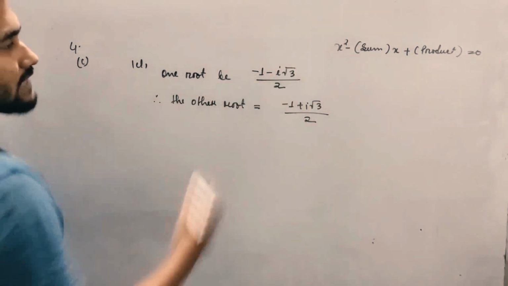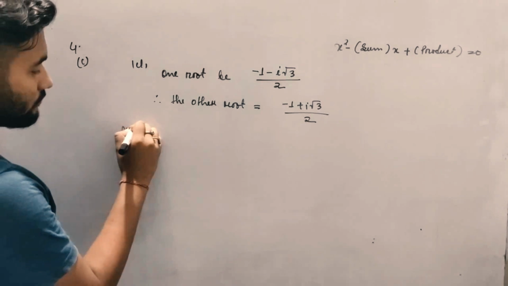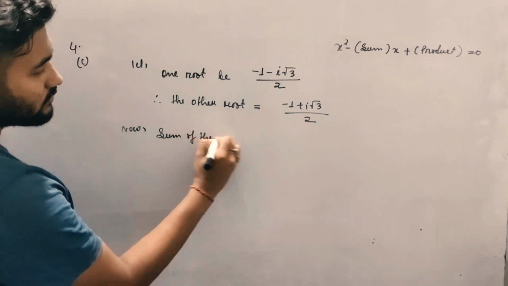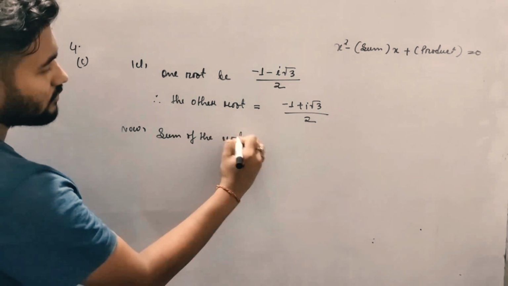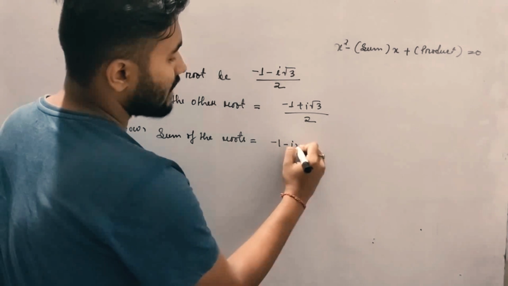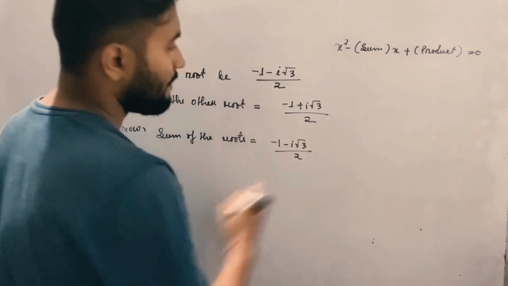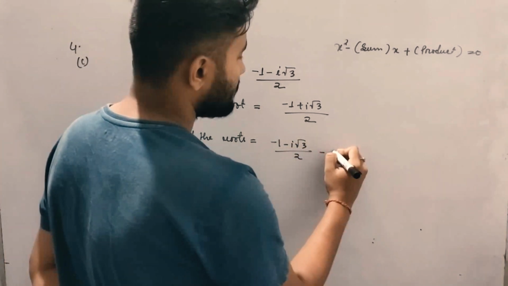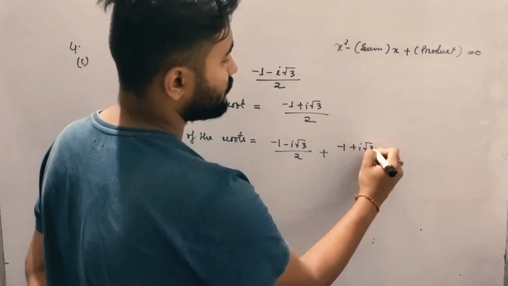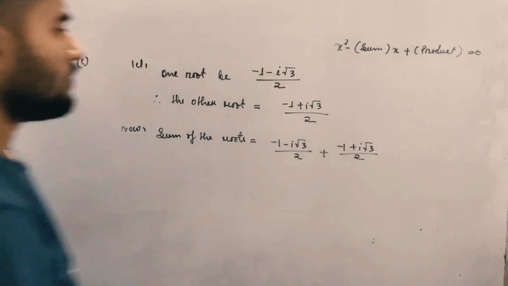So at first we will find the sum of the roots. Sum of the roots will be equal to minus 1 minus i root 3 by 2 plus minus 1 plus i root 3 by 2.